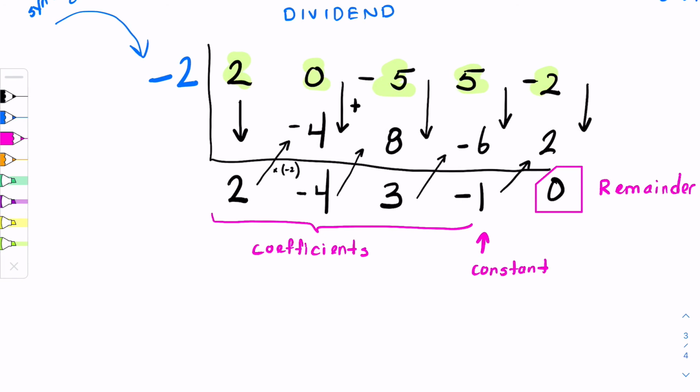I'm starting on the right side of the equation. So I have the remainder. Then I listed my constant. Next is going to be what I would call my linear term, but we're just going to label it as x. Next, we have our quadratic term, or our x squared term. Then we have our cubic term, or our x cubed term.